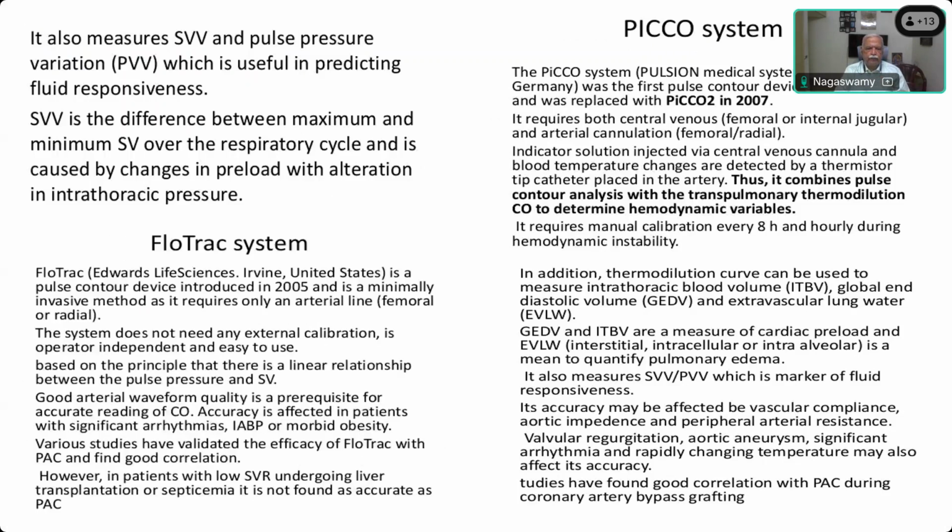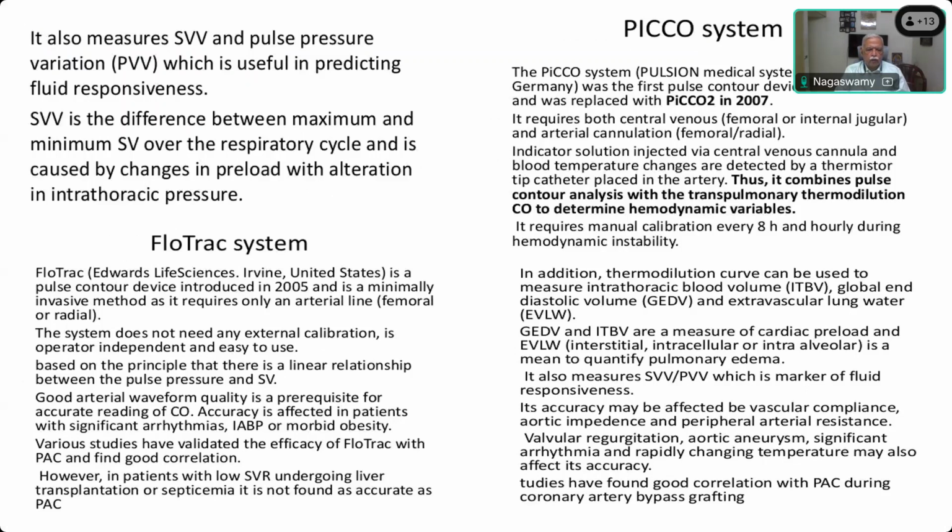And the next minimally invasive is the FloTrac system, which also does not need an external calibration. It is operator independent. That is the advantage of that. It is based on the same principle of linear relationship between the pulse pressure and stroke volume. A good arterial waveform quality is a prerequisite for accurate reading of cardiac output in this, and it is affected again in patients with arrhythmia and IABP, like your PiCCO system.